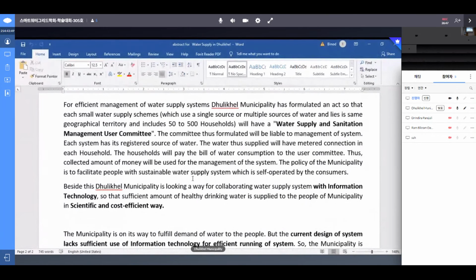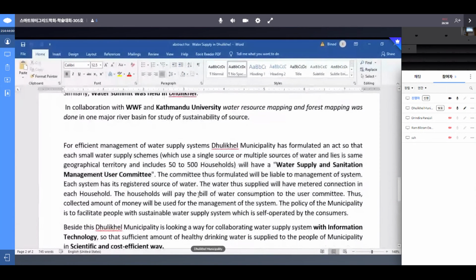You mentioned in the presentation that in the Dhulikhel municipality, you've been doing some work for rainwater harvesting and groundwater recharge. I would like to know a little bit more about this. What have you been implementing for rainwater harvesting and groundwater recharge?